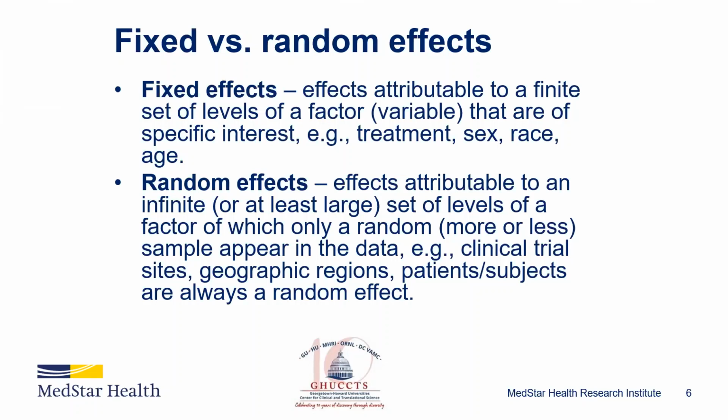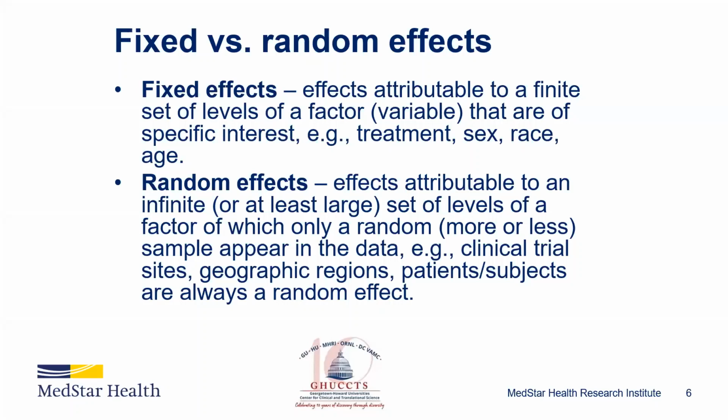So you might have 2 different treatments and other variables like that you might be interested in. Random effects, on the other hand, are effects attributed to an infinite or at least a very large set of levels of a factor of which only a random sample appear in the data.